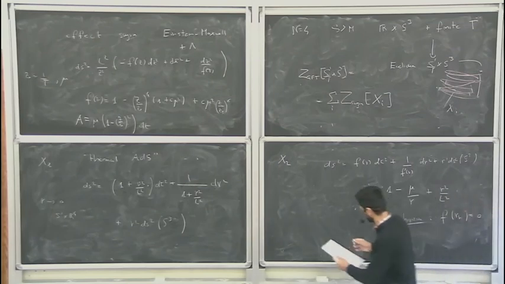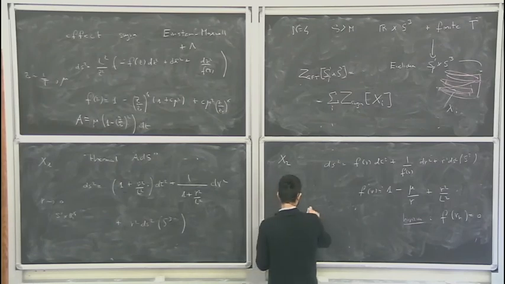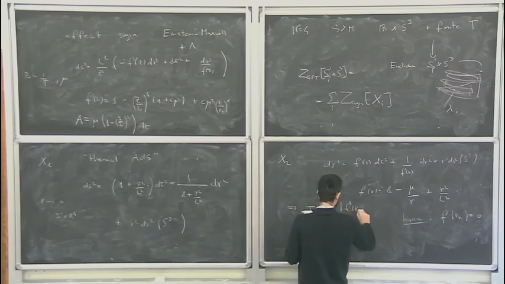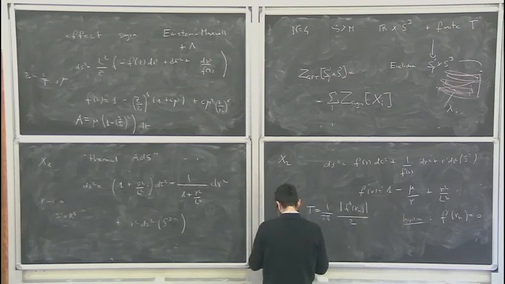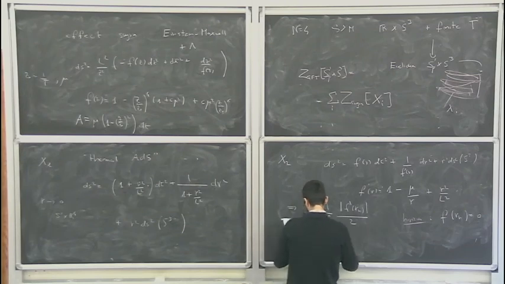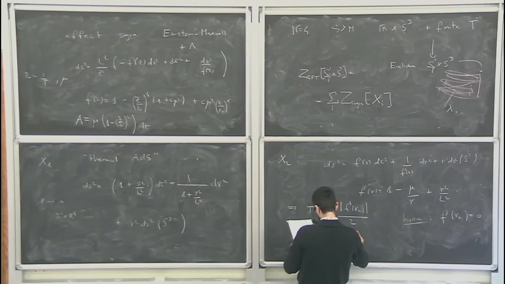So one can determine that by doing exactly the same computation, which I've repeated now twice, the temperature associated to this solution is in general 1 over 2 pi times the absolute value of the derivative of f, evaluated at the horizon, divided by 2, and after doing the nice algebra, there is a formula which is 1 over 4 pi r horizon L squared times L squared plus 3, no, these, okay, now I lost track what was my D here.